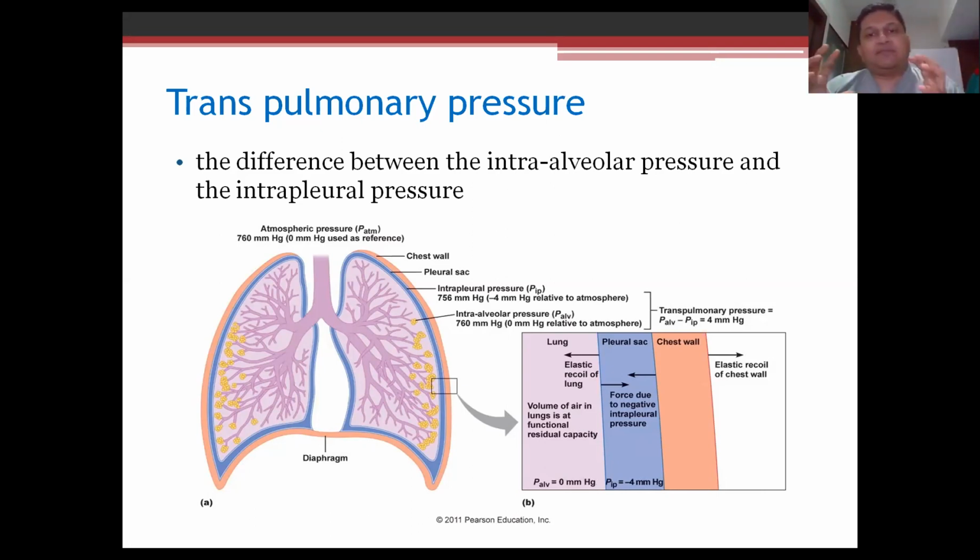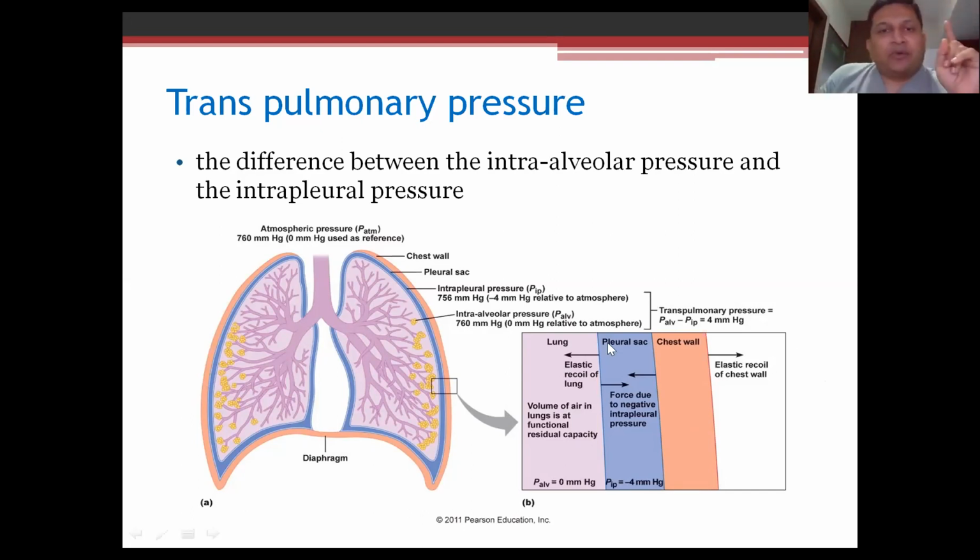So this transpulmonary pressure will make sure that your alveoli and your lung will always be inflated, because the transpulmonary pressure is always positive, +2 to +5. Even if the alveolar pressure is 0 at the end of expiration, when no air movement is happening, the transpulmonary pressure will be +2 to +5. That's why your lung and your alveoli will not collapse.